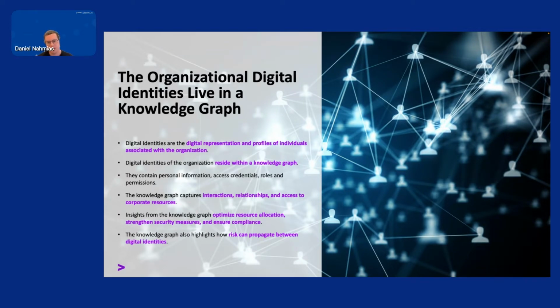By examining the interaction of identities with each other and with corporate resources, we can establish a comprehensive knowledge graph. And this is exactly what we did. This knowledge graph offers valuable insights into risks associated with identities and how these risks can propagate across the organization. This enhances our capability to proactively manage and mitigate potential threats.